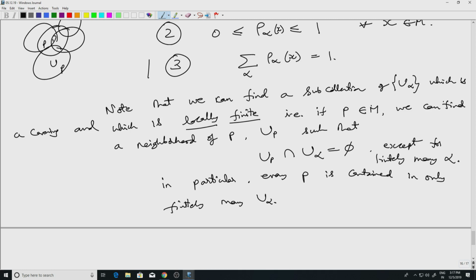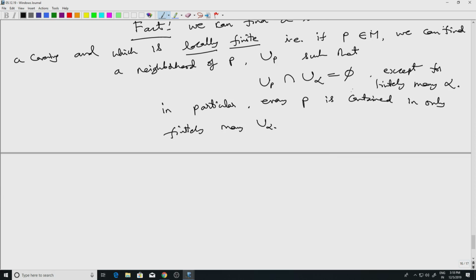This still requires a proof, but it's a topological argument and I have no time to go over it, so let's just assume it. So instead of saying note that, let me just say fact: we can find a subcollection of the U alpha which is a covering and which is locally finite. We can find a neighborhood meeting only finitely many U alpha.